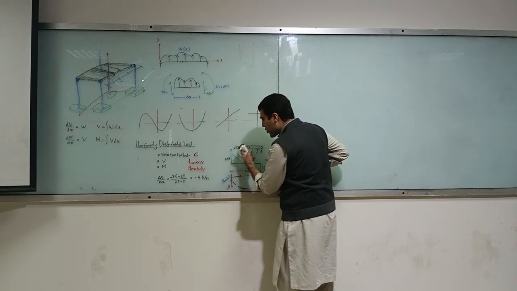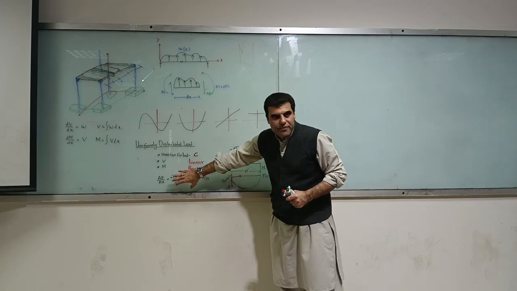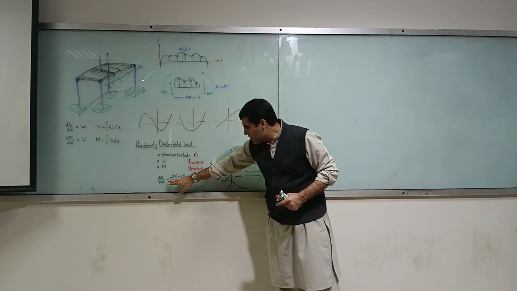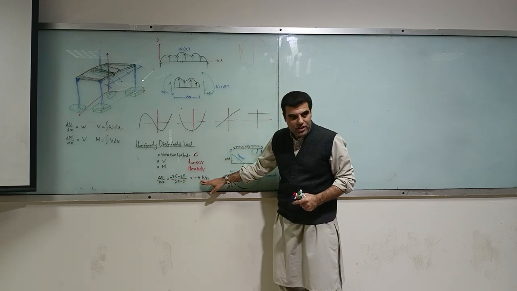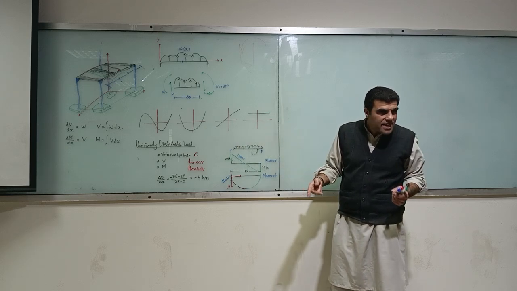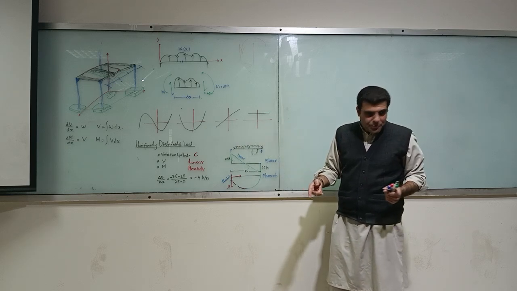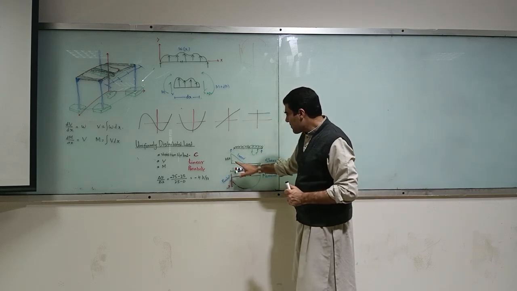So my point is, even if you don't want to go through this exercise, you would still know that this is 4, because you would know the magnitude of the load applied. Do you understand my point? Okay, so now if this is 4 kip per foot, how can we find this thing out?